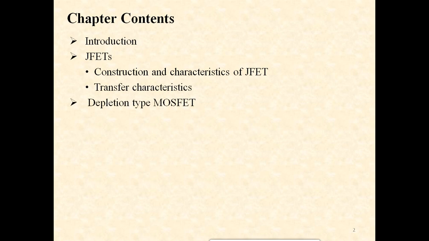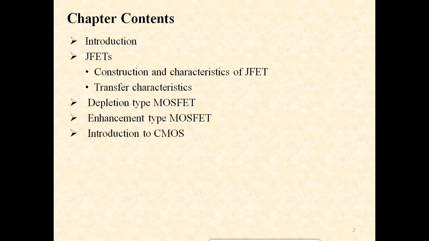MOSFET is a slightly improvised device when compared to a JFET. We will also look at enhancement type MOSFET, depletion and enhancement type MOSFETs. Then we'll also have a very brief introduction on CMOS. CMOS stands for complementary metal oxide semiconductor.